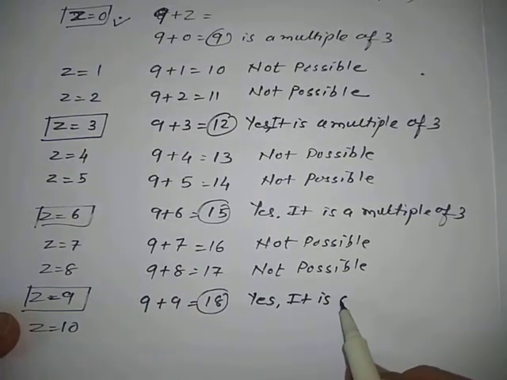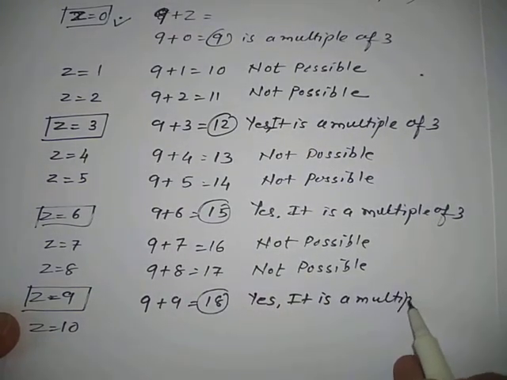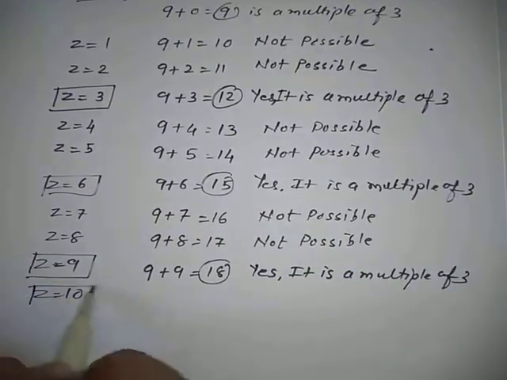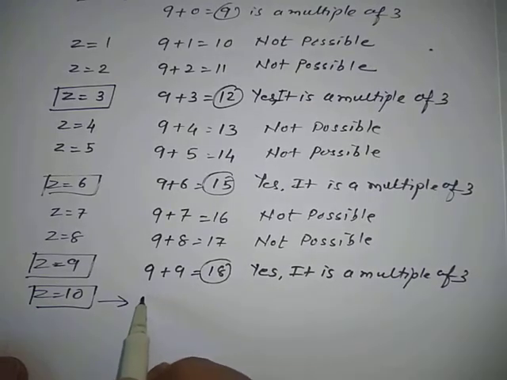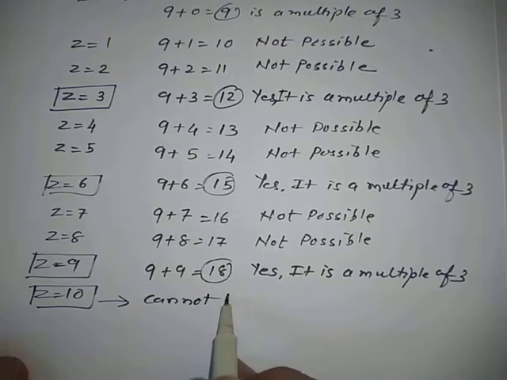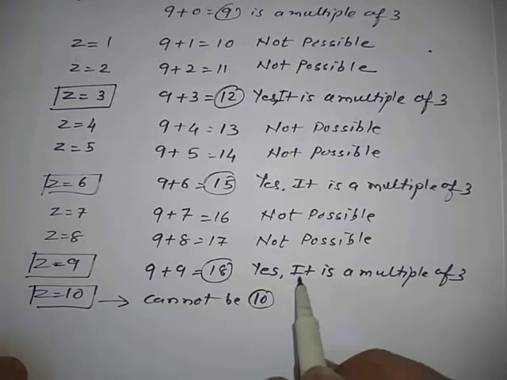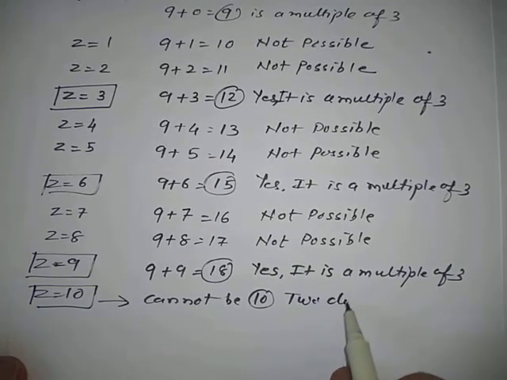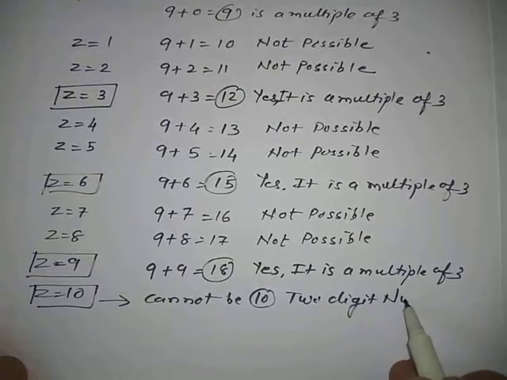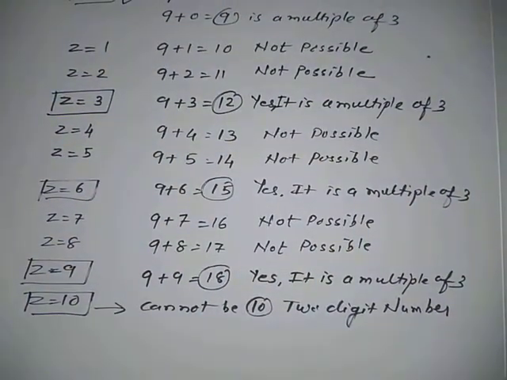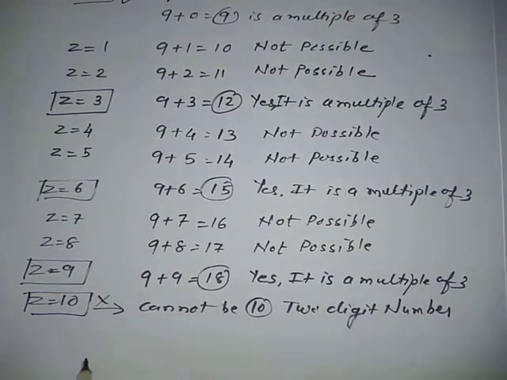It is a multiple of 3. So z cannot be 10, because it is a 2-digit number. Okay, so we want z as a 1-digit number. So this is also not possible.